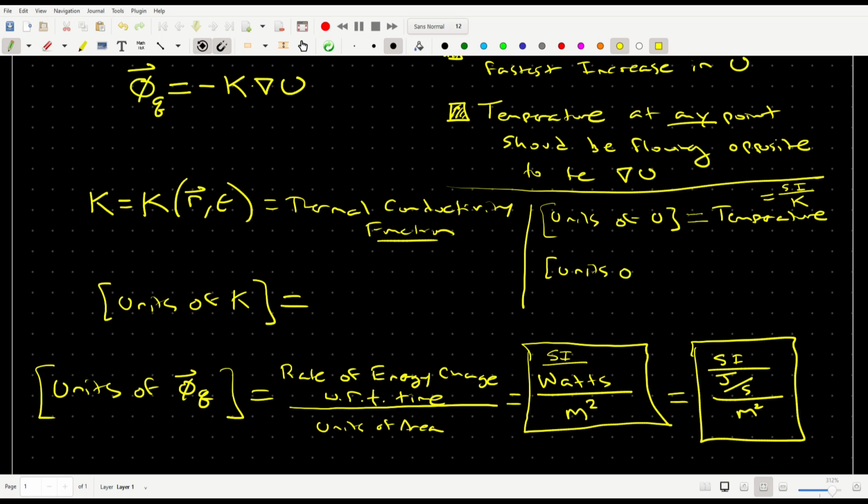So the units of the gradient of U, which is the collection of partial derivatives of temperature with respect to space, are going to be measured in temperature over distance. Because whenever you take the derivative of a quantity, you get 1 over the distance, the first derivative, which is a neat thing to show. So I recommend you go through and do that. Or in SI, this would be degrees Kelvin per meter.